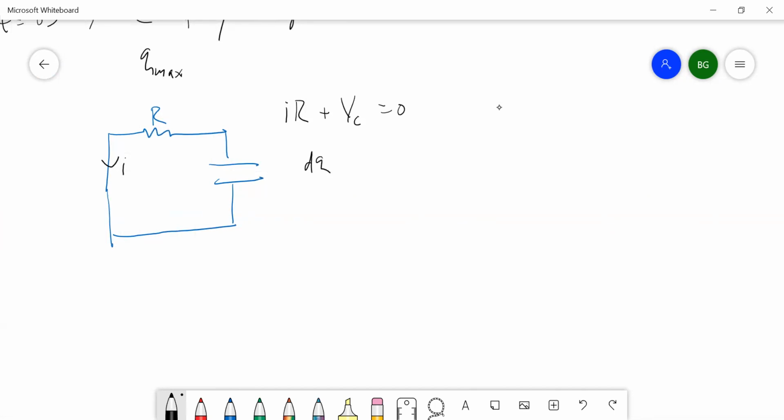So this is I R plus Q over C equals 0. We get dQ dt plus Q over RC equals 0.